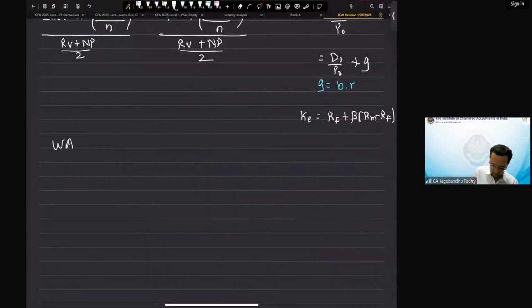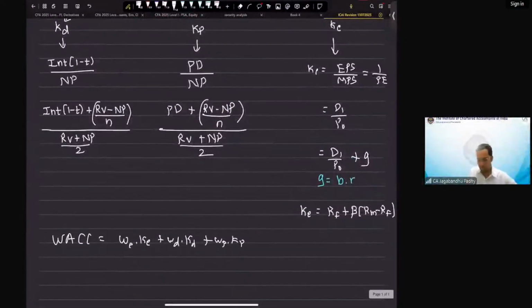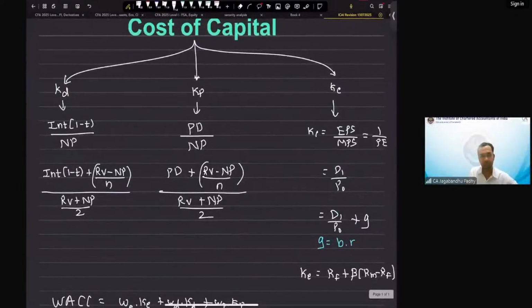Apart from that, to calculate the weighted average cost of capital, we simply do it as weight of equity into cost of equity plus weight of debt into cost of debt plus weight of preference share into cost of preference share. So that's the weighted average cost of capital.